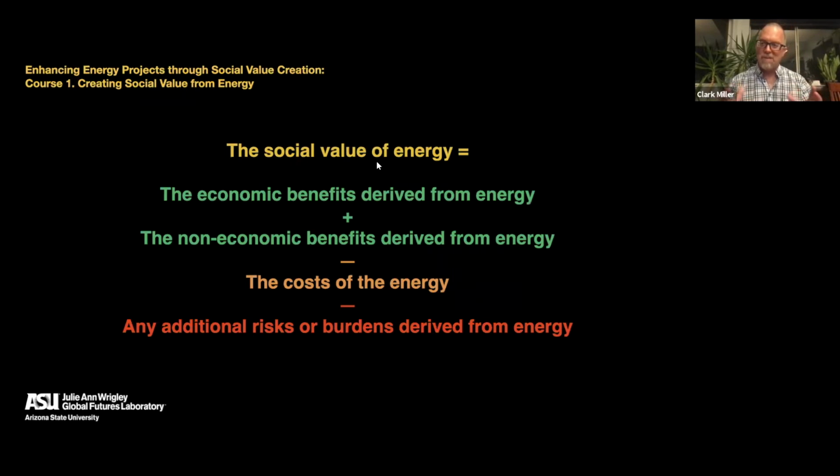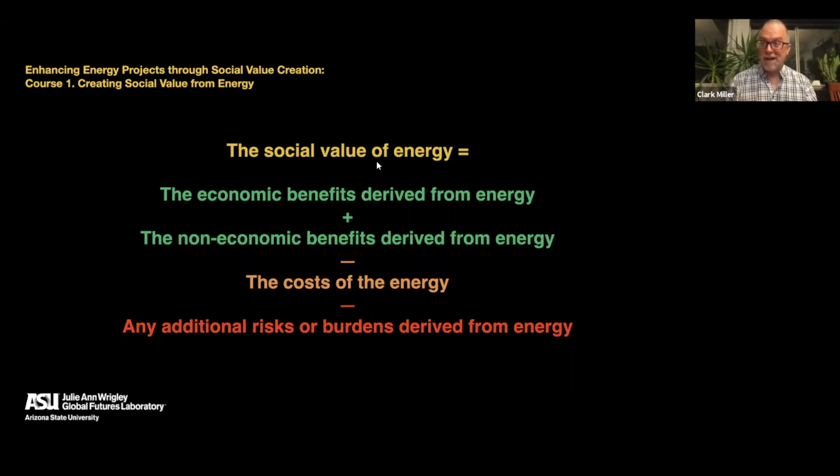So we can think about it a little bit like an equation. We get the economic benefits that we derive from energy use. We get the non-economic benefits that we derive from energy use, things like improved nutrition or improved education or improved healthcare, right? Non-economic benefits.